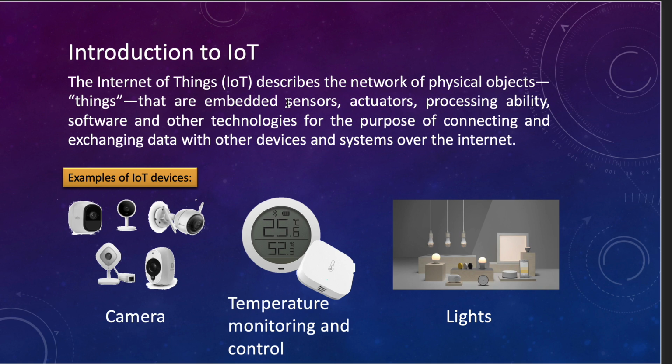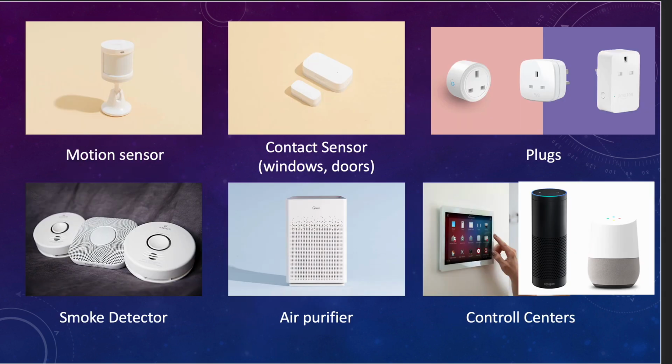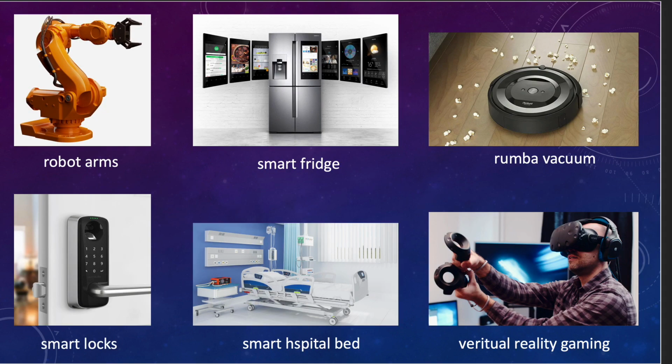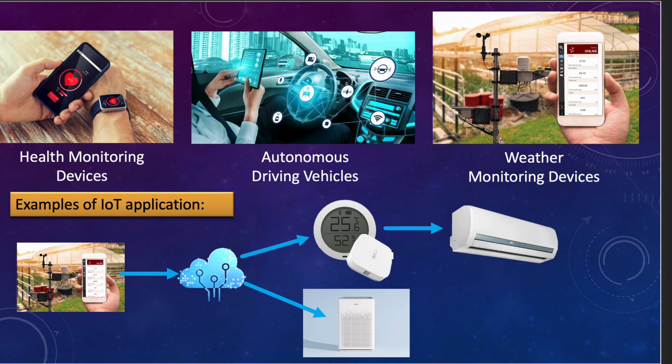For example, we talked about cameras, smart lights, temperature control, motion detectors, smart plugs, smoke detectors, industrial scale robotic arms, smart locks, smart hospitals, health monitoring devices, autonomous driving, weather monitoring, and so on and so forth.